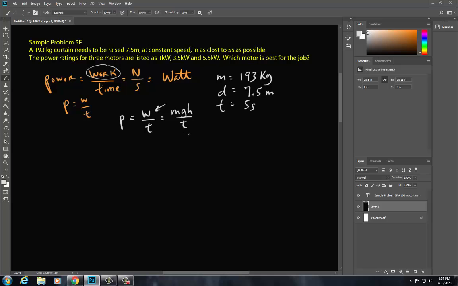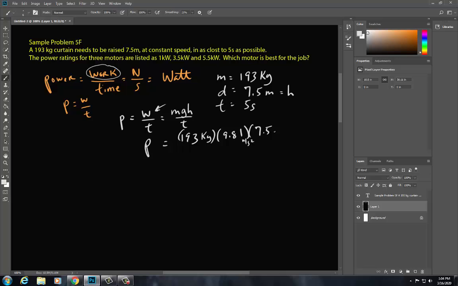And if we know m, g and h, which will equal h in our formula, you could call it mgd too. It's just how far it's raised. This would be 193 kilograms times 9.81 times 7.5, with g in meters per second squared.